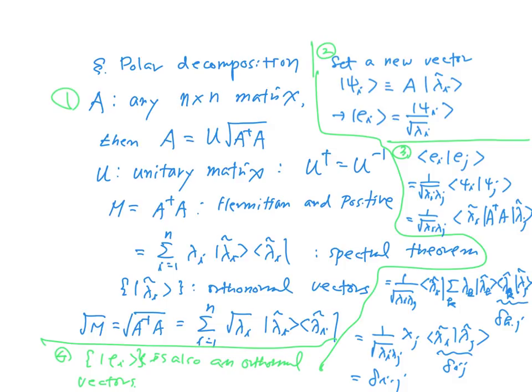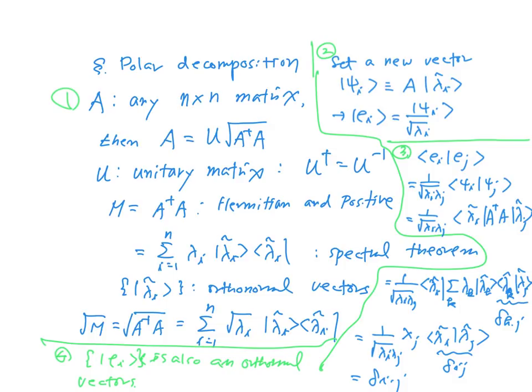The first part is 1 when j and k are the same, or 0 when k and j are different, right? So of all the k, only j survives. So this λ_k becomes λ_j, and this becomes λ_i λ_j. But this is again orthogonal. When i and j are the same, it is 1. When i and j are different, it is 0. So after all, this is delta ij.